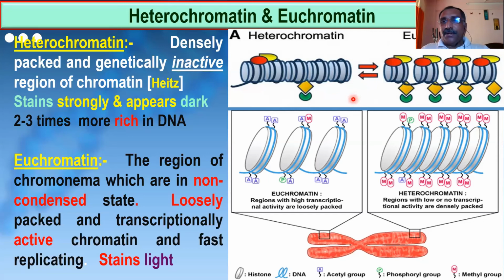Heterochromatin. And what do you call the light area? Euchromatin. Which is the active area? Euchromatin. Which is the dark staining area? Heterochromatin. Okay, very good.